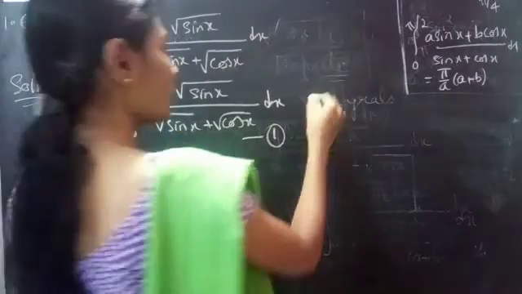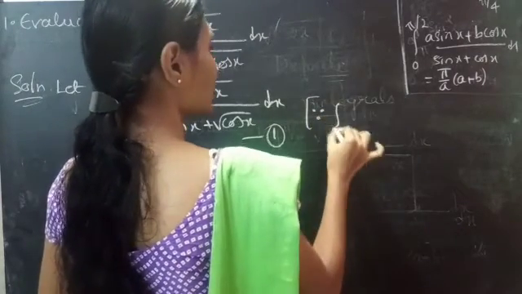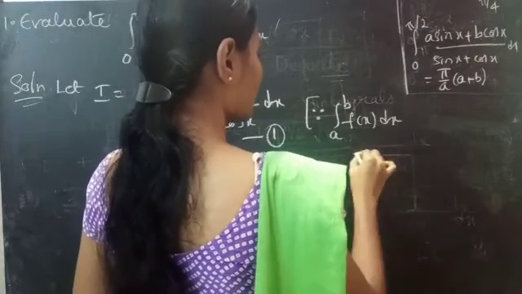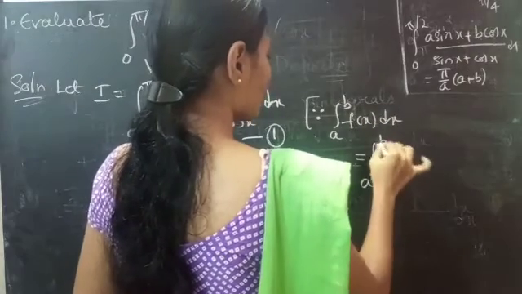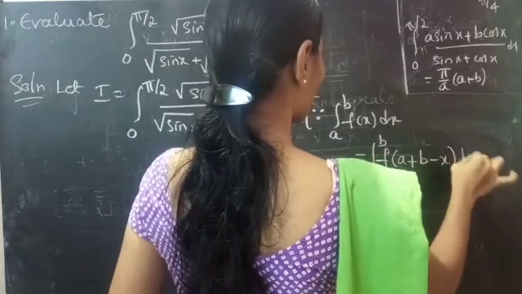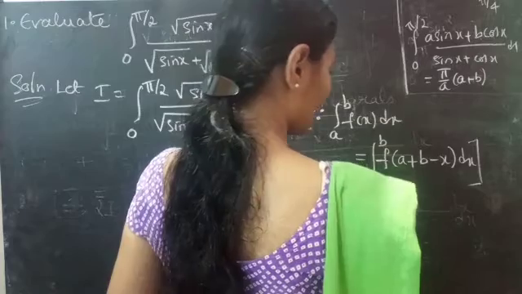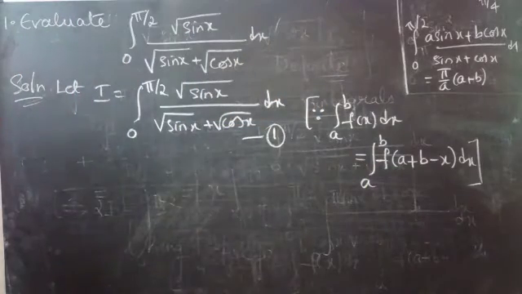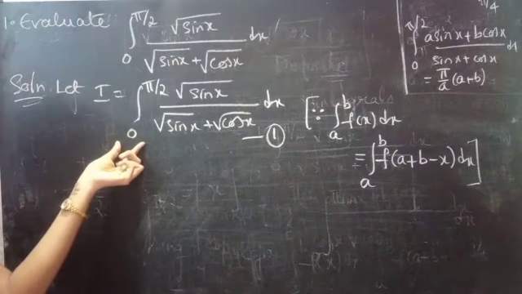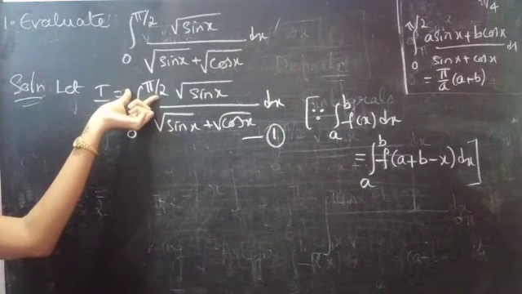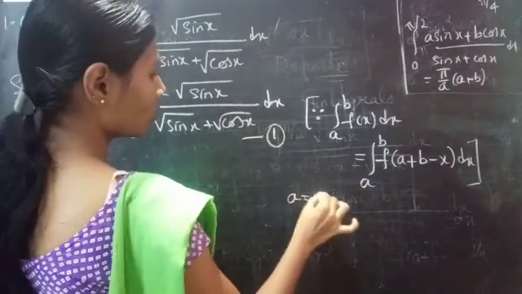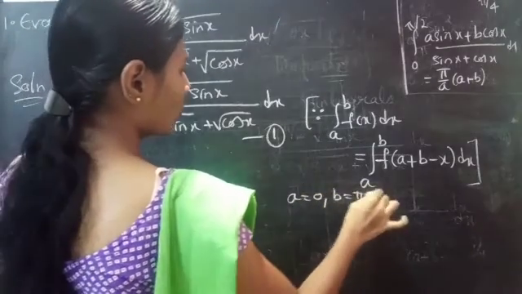Here we are going to use the property integral a to b f of x dx equals integral a to b f of a plus b minus x dx. In the place of a you have 0 and in the place of b you have pi by 2. A equals 0 and b equals pi by 2.